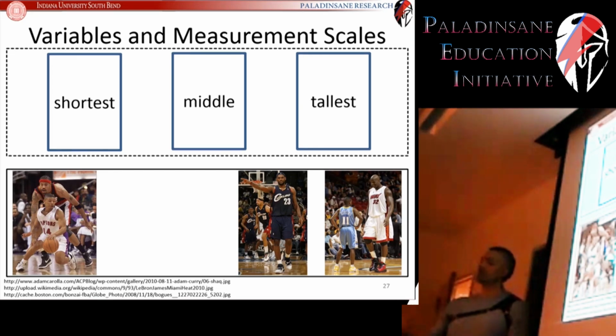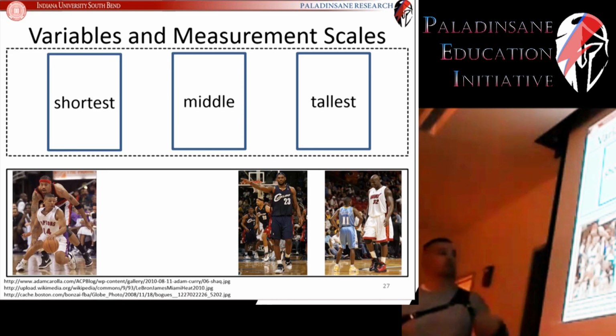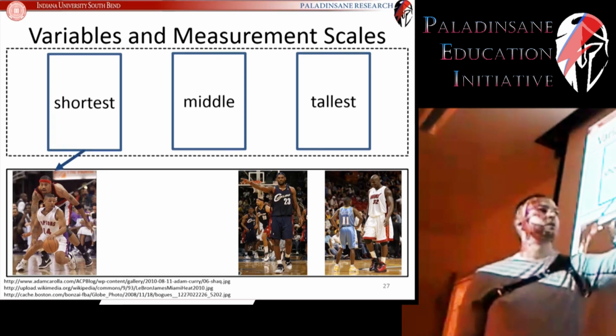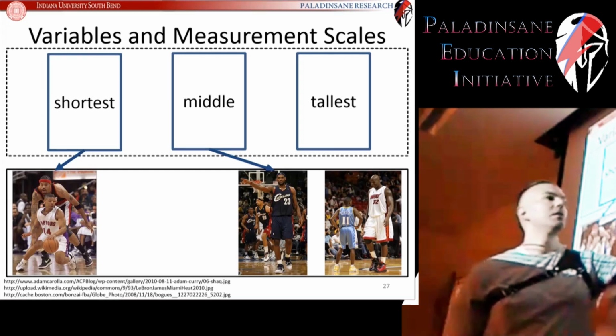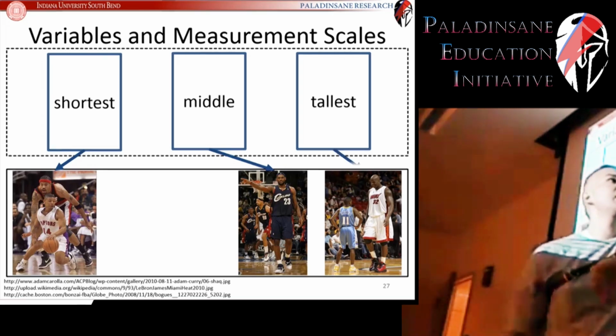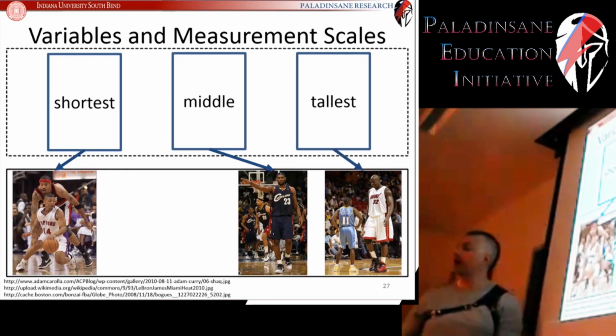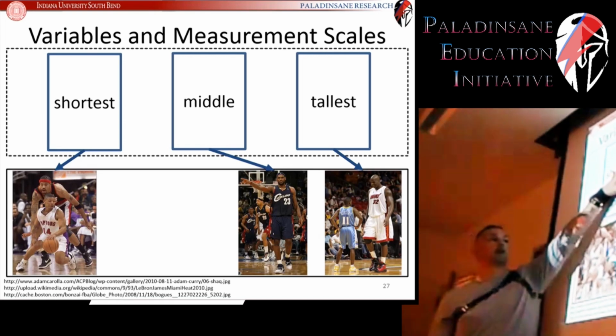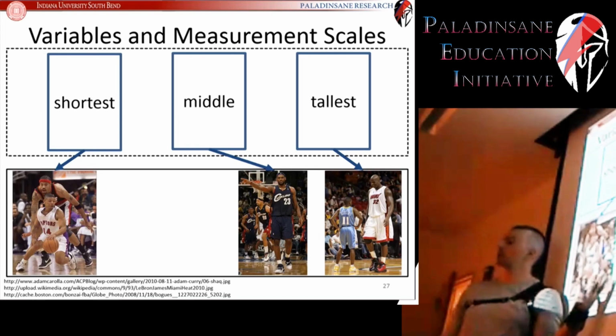Note that this is a measurement scale. It's highly reliable. All of us would say Muggsy Bogues is the shortest, LeBron James is in the middle, and Shaquille O'Neal is the tallest. It's also very valid. We think we're measuring height, and in fact, we are measuring height.